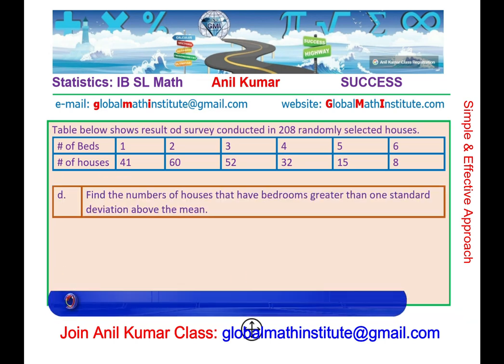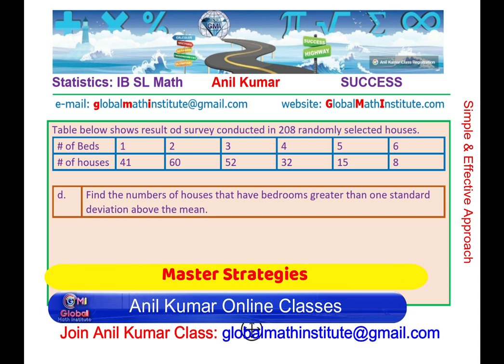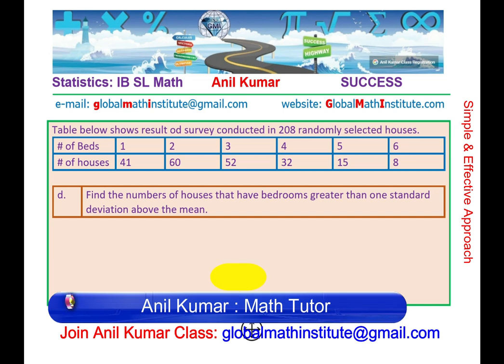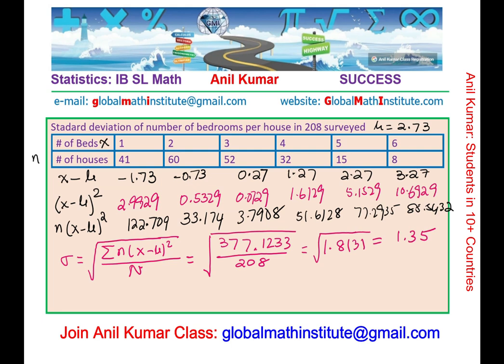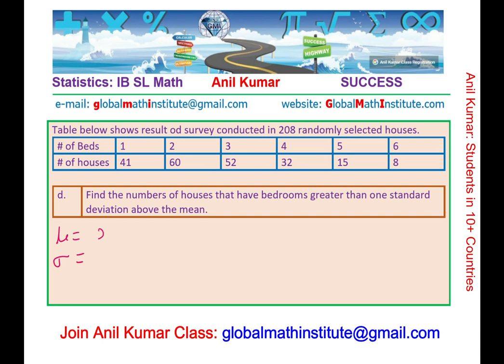Now we need to answer, find the number of houses that have bedrooms greater than one standard deviation. So we had a mean and we have already calculated the standard deviation. Mean is 2.73 and 1.35 is the standard deviation.